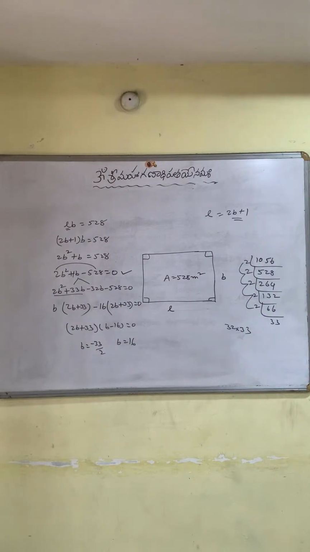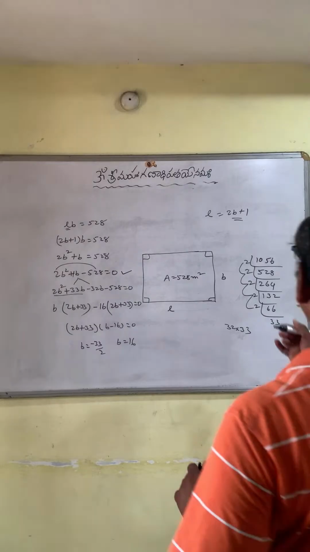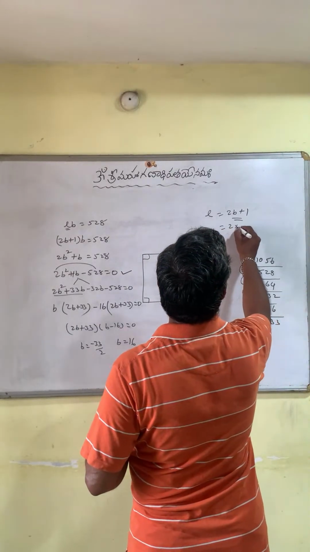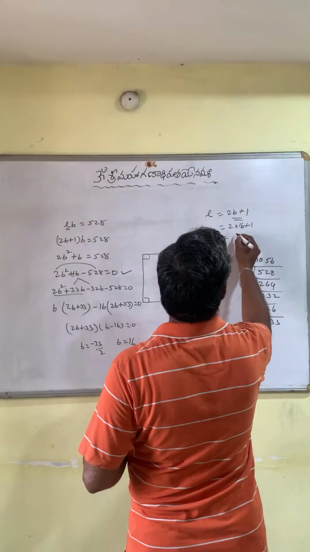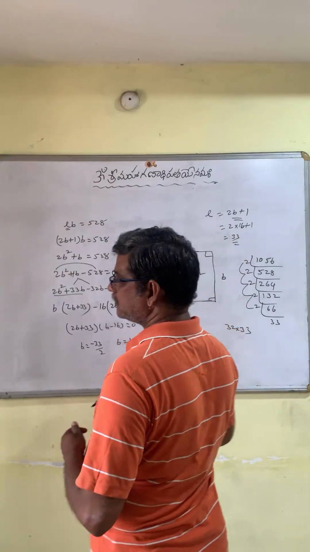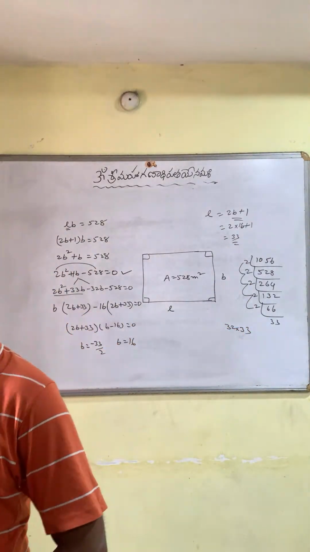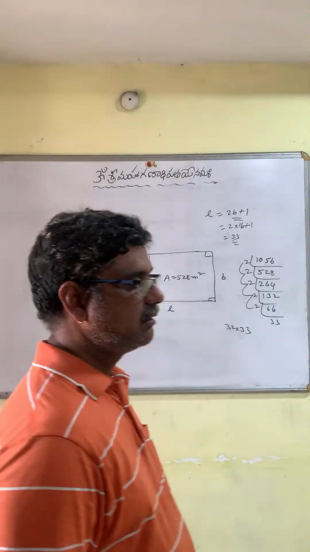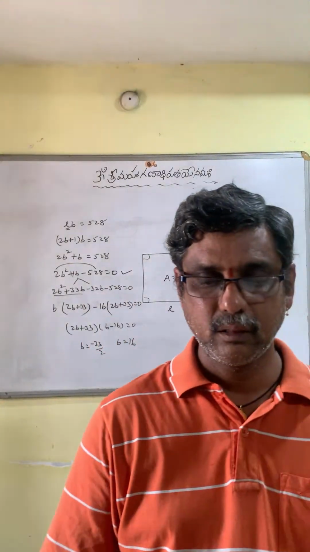So b is 16. If b is 16, then length is 2 into 16 plus 1, 33. So the length of the rectangle is 33 and the breadth is 16. Okay?